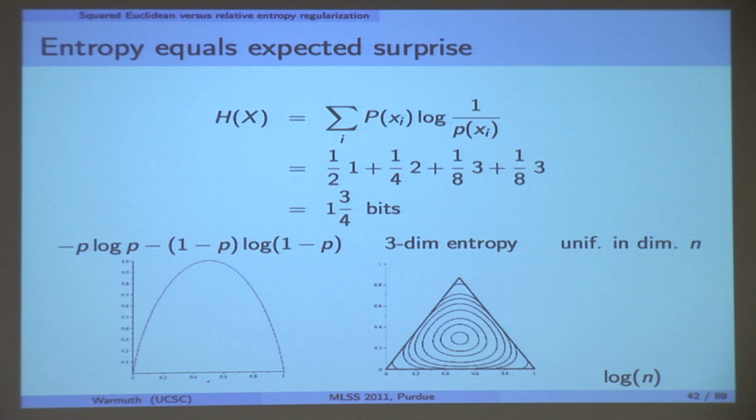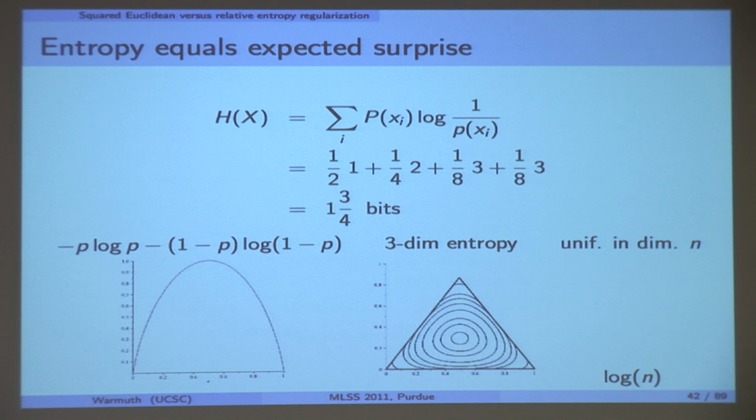If p is 0, then your expected surprise is 0. The most uncertainty you have is when p is 50-50. That's the most uncertain distribution. So that's a maximum here, and then your expected surprise is 1 bit.